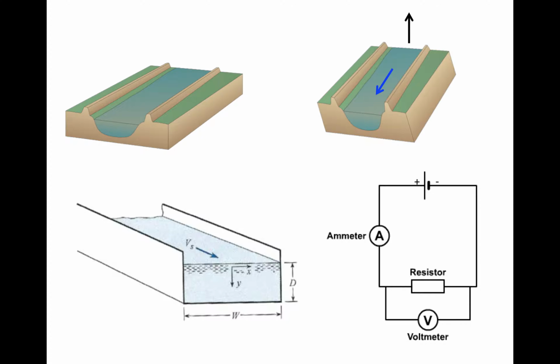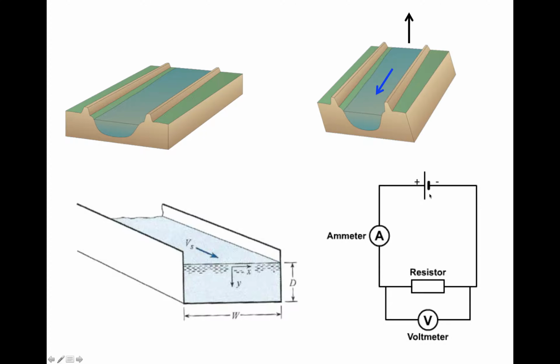So if there's a voltage source, such as a battery, inside the circuit, then the positive terminal of the battery, which is usually represented as a longer bar here, is going to have a higher voltage than the negative terminal, which is represented as this shorter and thicker bar here.